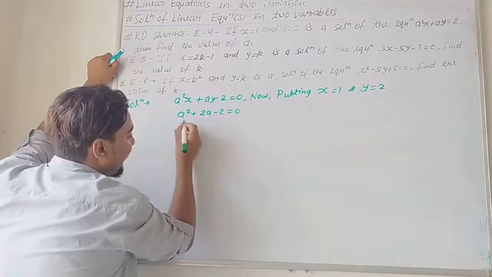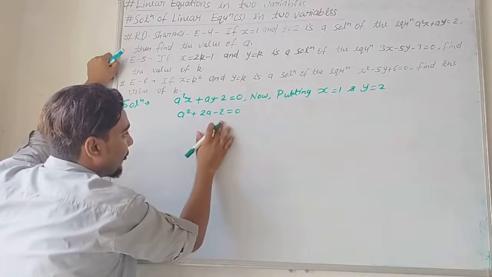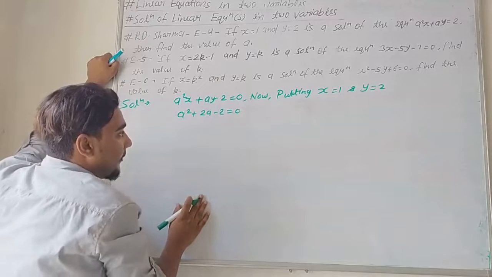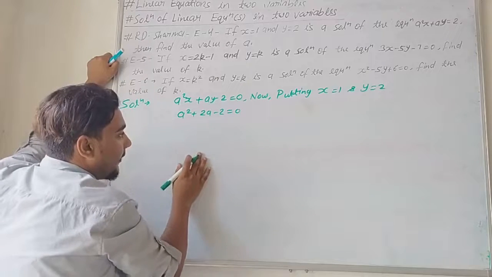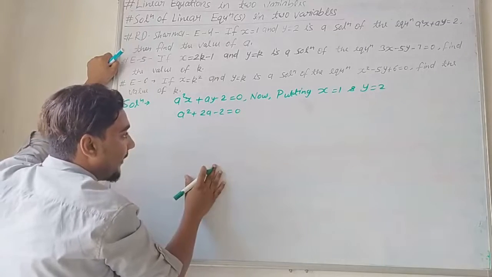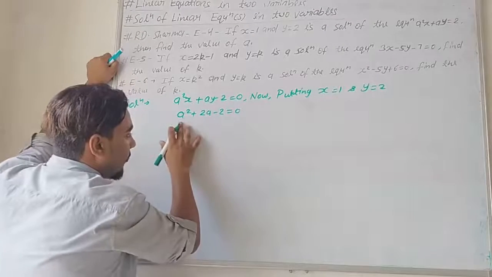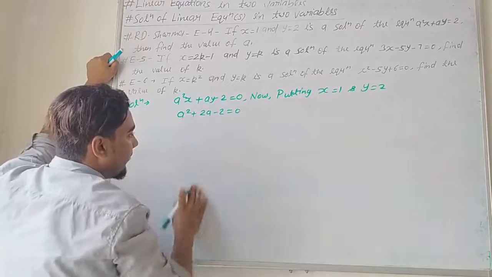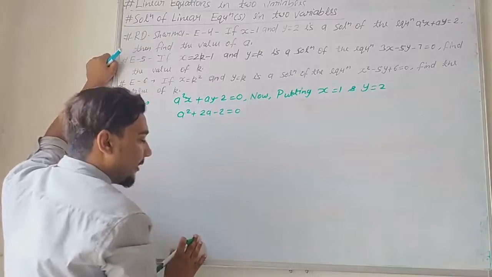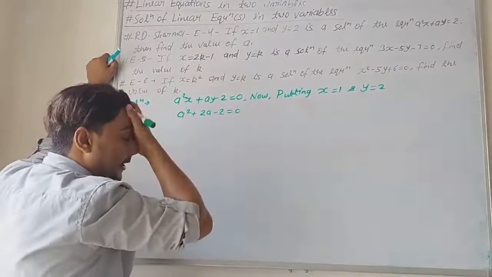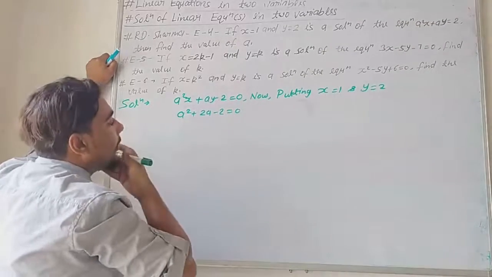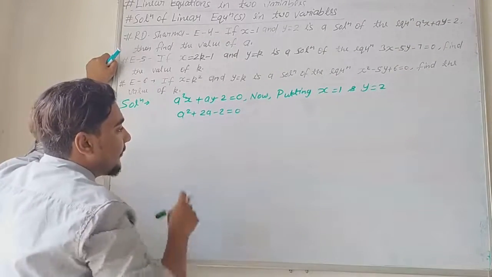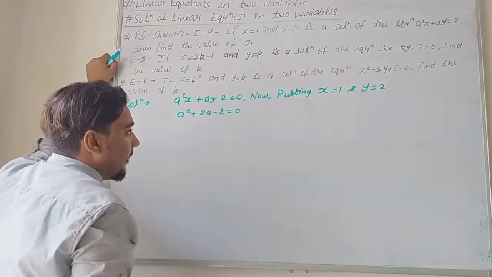Now we have found a quadratic equation in variable a, and we have to find the value of a. So what is the discriminant, capital D? If you have studied the quadratic equation, you will know what capital D is and how its roots will be real.